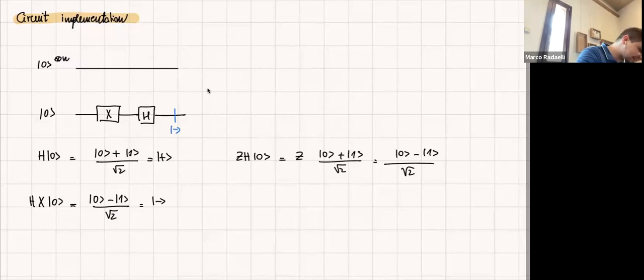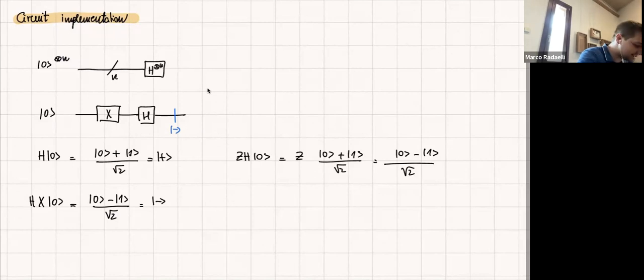Now, we get started with the proper Grover algorithm. Let me write this like this, which means that the wire usually represents the qubit. In this case, it represents n qubits. Here, we also need to prepare the initial superposition of all the possible states. So we apply a Hadamard.